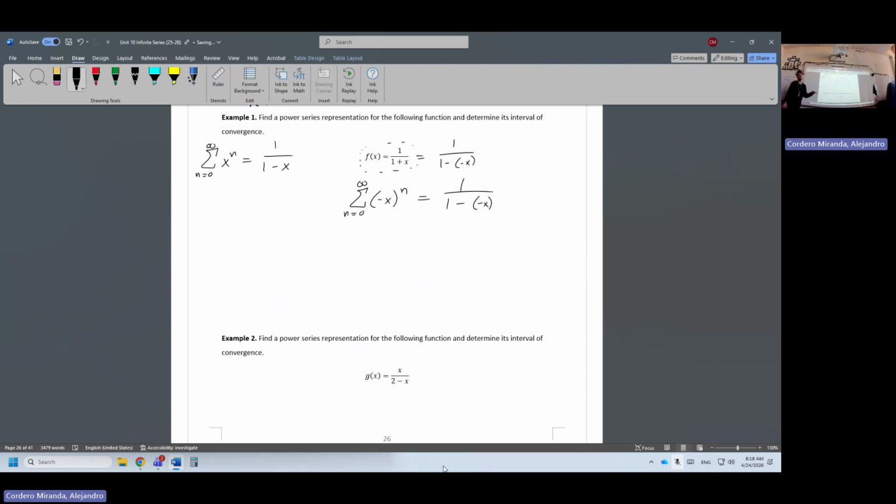Which kind of feels like cheating, but this is the trick for a lot of these questions: if you can edit one of the series that you know really well, like one of these 4 special ones, I guess I'll spoil some stuff. The 4 special ones are going to be this geometric one, e to the x, sine of x, and cosine of x. Those are 4 that you have to know, or it would be good to know off the top of your head. And if you can edit one of those to get this new function, then you're allowed to do whatever you need to do to edit those.